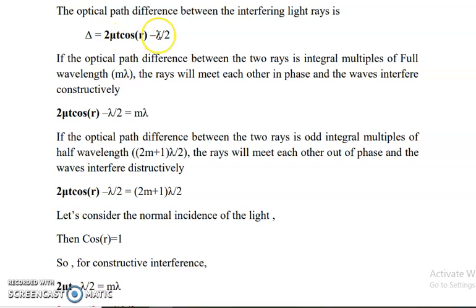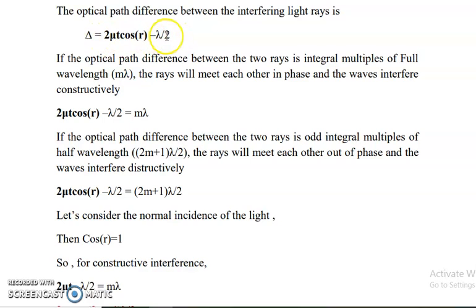If the light used for the interference is monochromatic, lambda also is a constant. So for a monochromatic light source with parallel reflecting surfaces, the path difference will be a constant.